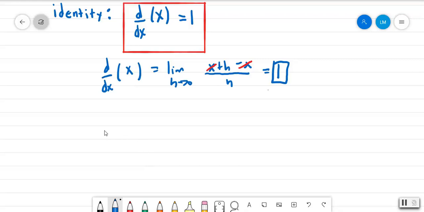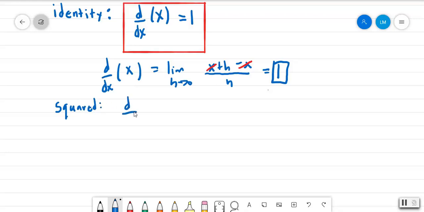Now, we also have a rule for the squared function.